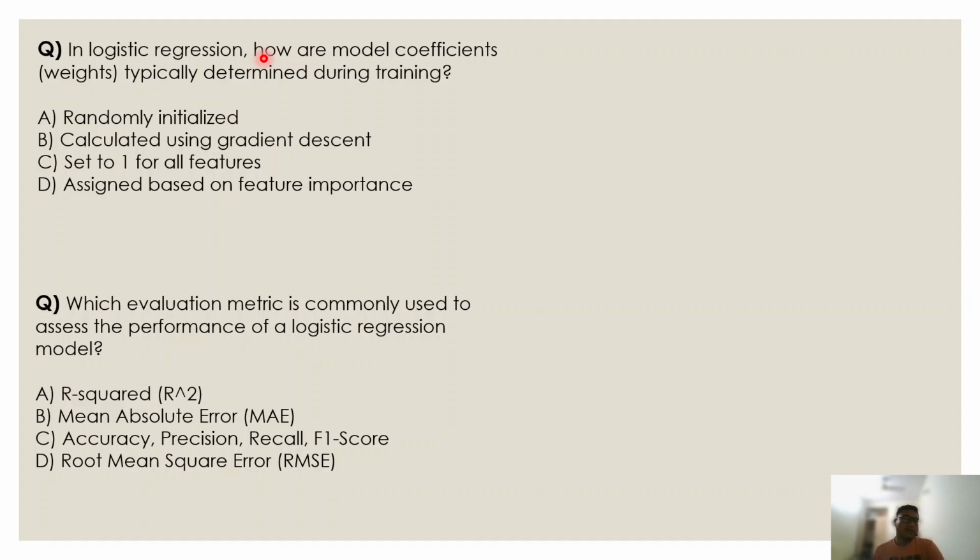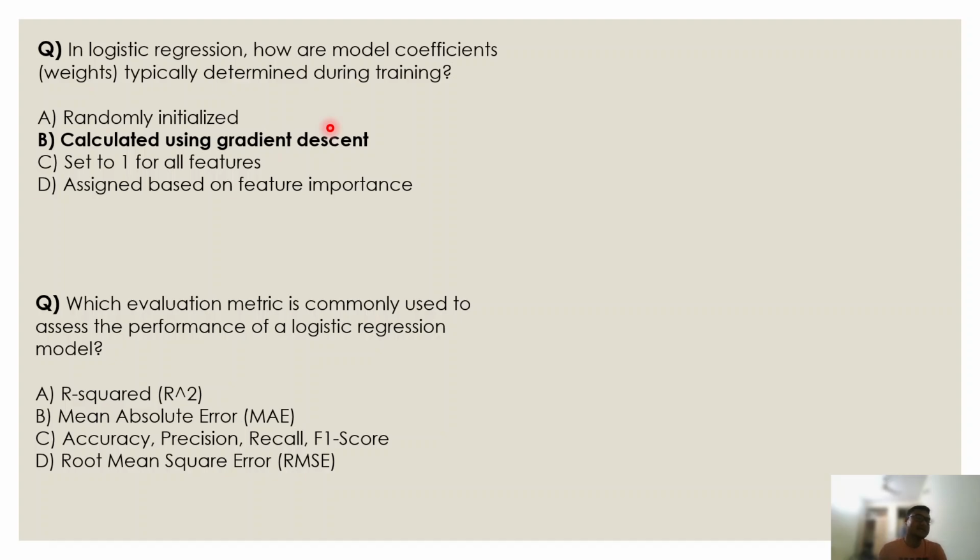So I'm talking about here, how the weights and intercept are typically determined during training. What thing do we utilize? So the correct answer is calculated using the gradient descent.